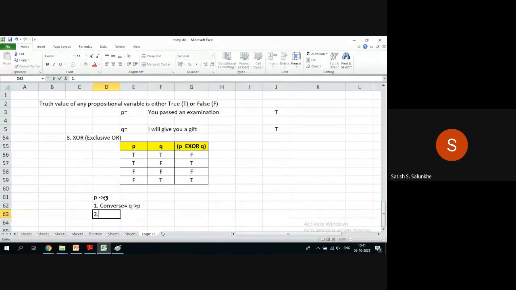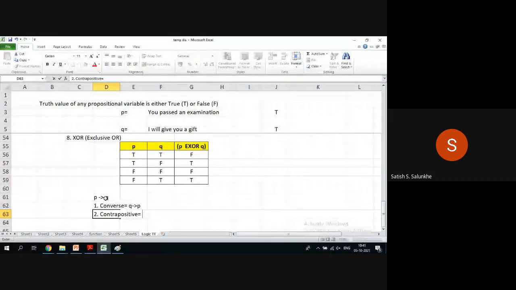Number two, the contrapositive. What is the contrapositive of P implies Q?